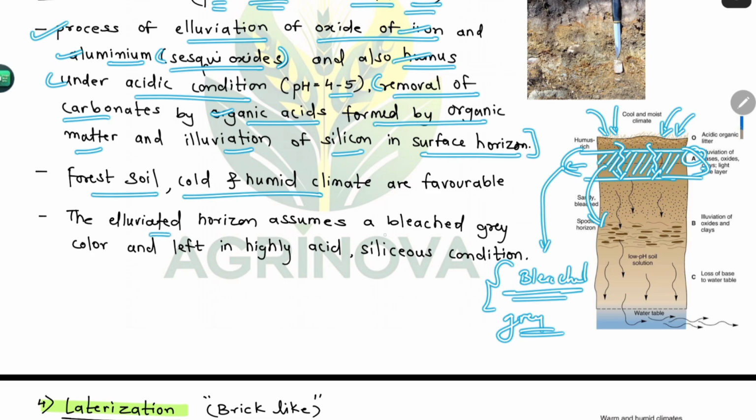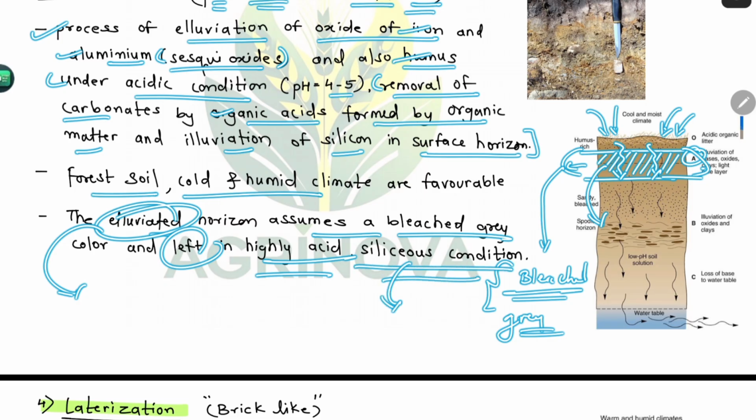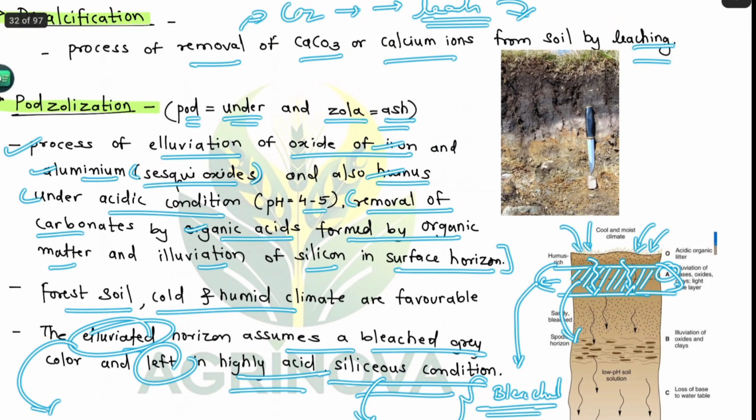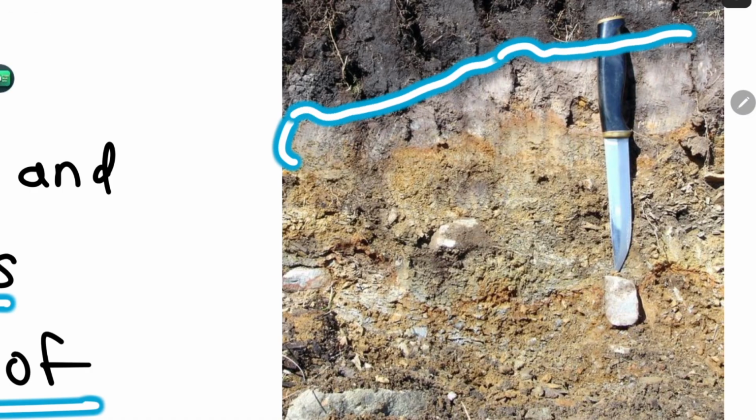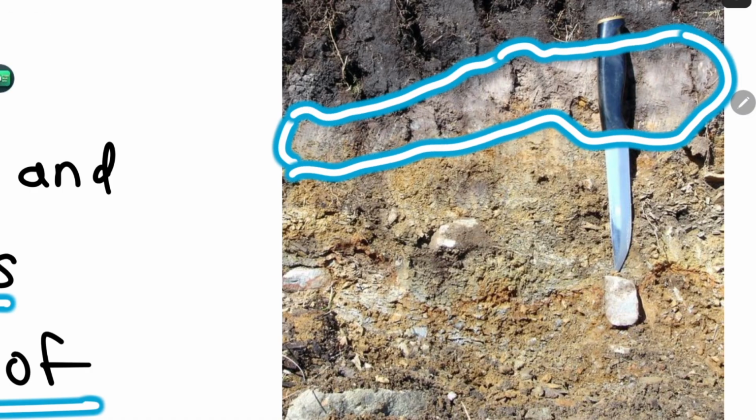Here we have seen the eluviated horizon, meaning the horizon from where leaching down happened becomes a bleached gray color, and it becomes acidic and siliceous conditions appear, meaning more amount of silica is left over and the other material is washed out. So in the image you can see the appearance of the gray layer or the bleaching layer.